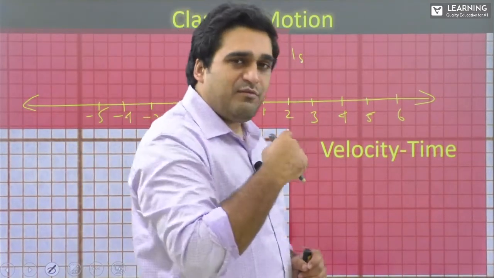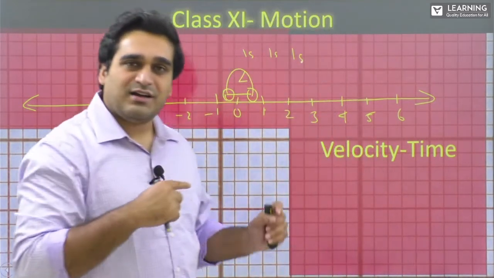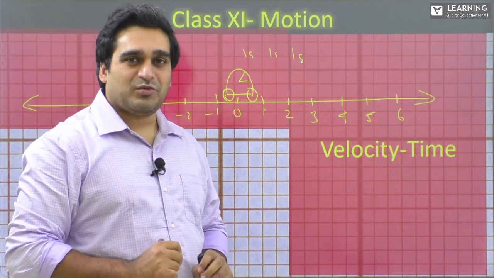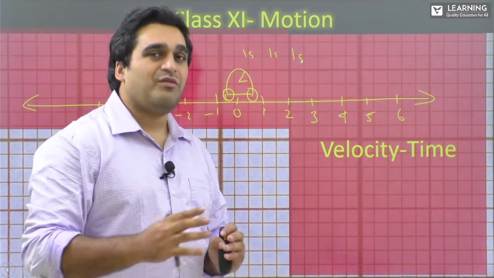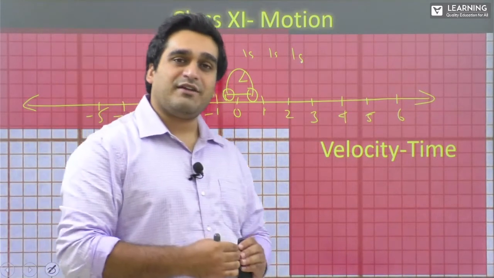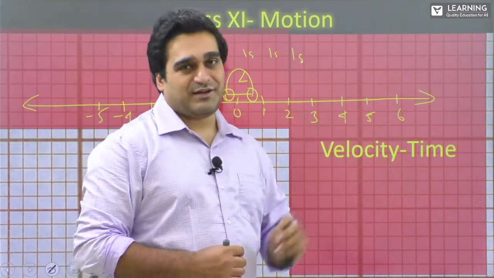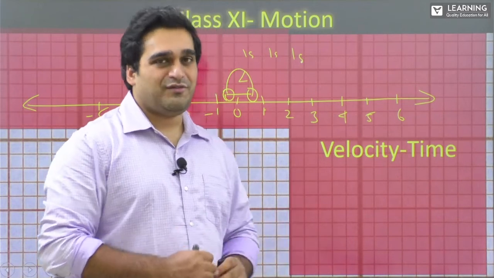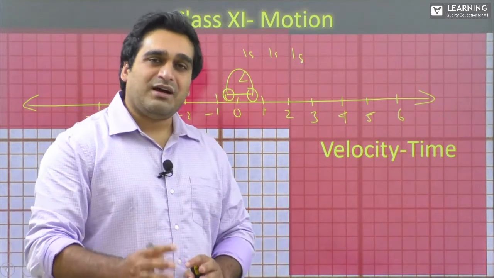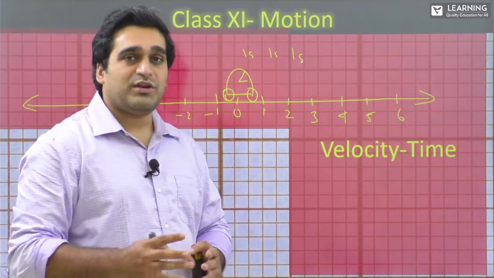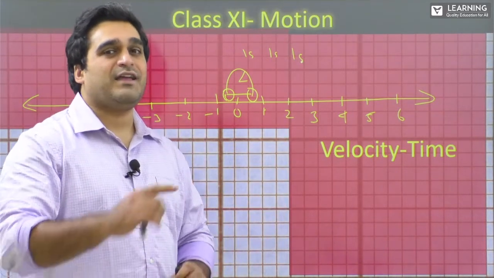So what type of motion is this car executing? You guessed it right. It is executing what is called a uniform motion, where it is covering equal distances in equal intervals of time. Therefore, uniform motion. And when it comes to determining how fast this car is moving, what we need to do is identify its speed.